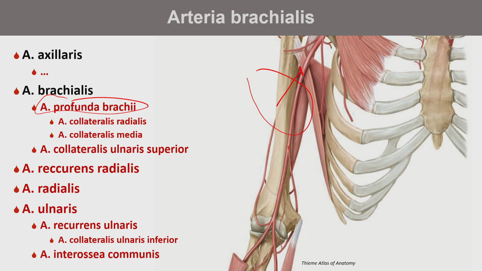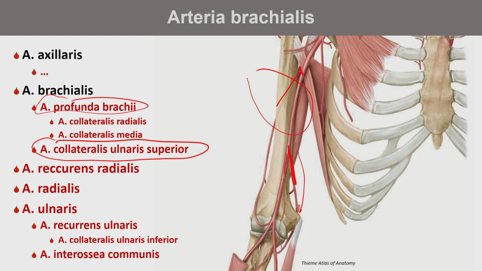So next, the second and the last branch of the brachial artery is called the ulnar superior collateral artery. This artery is then accompanied, and you can see where it's going, behind the epicondylus, towards the groove of the ulnar nerve and is accompanied with the ulnar nerve.